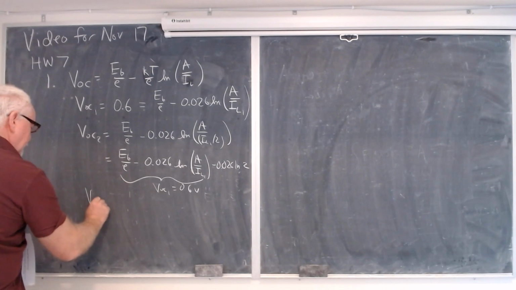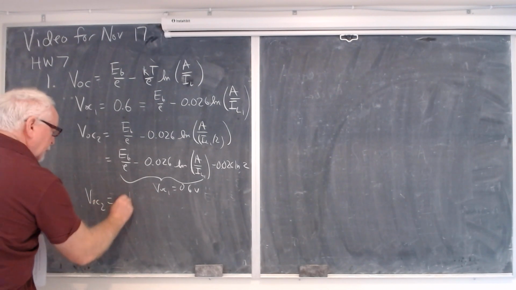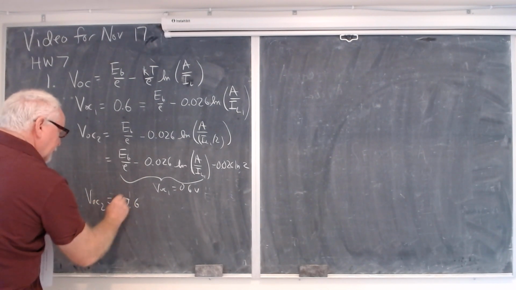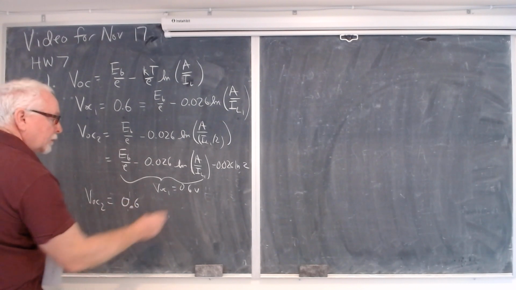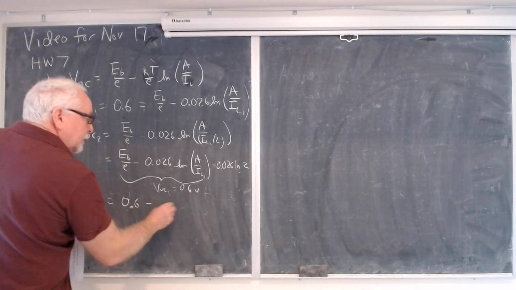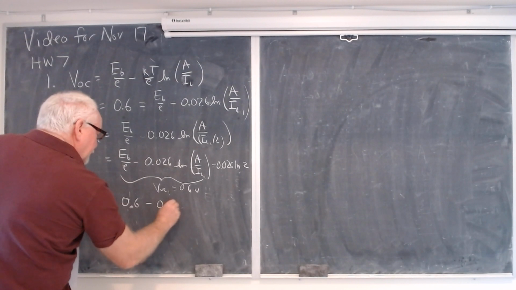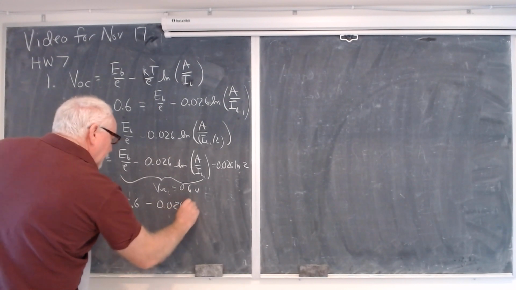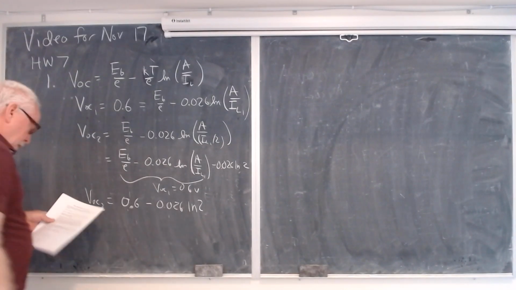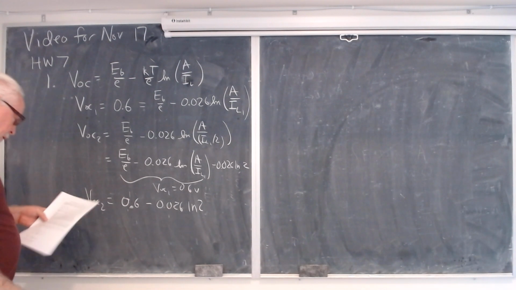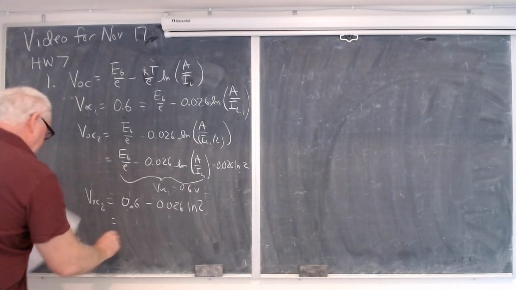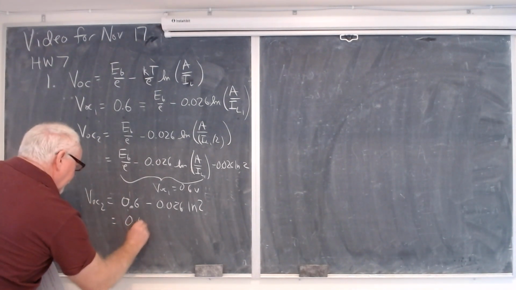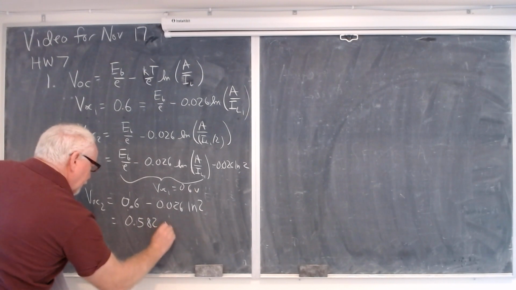And so VOC2 is equal to 0.6 minus 0.026 logarithm of 2. The logarithm of 2 you do in the calculator, and this works out to 0.582 volts.